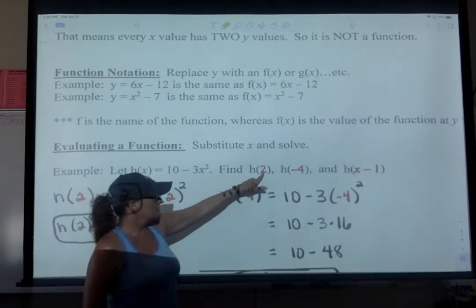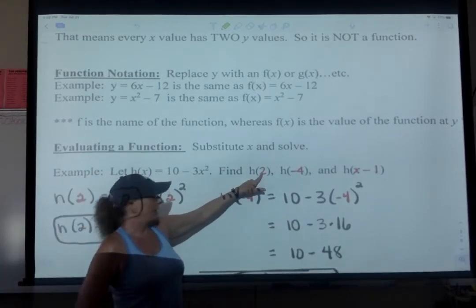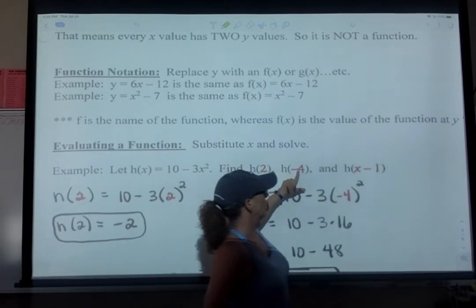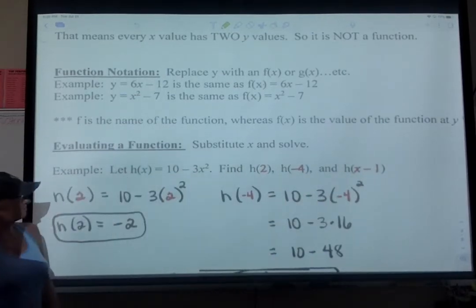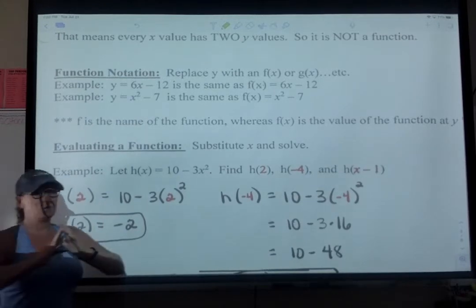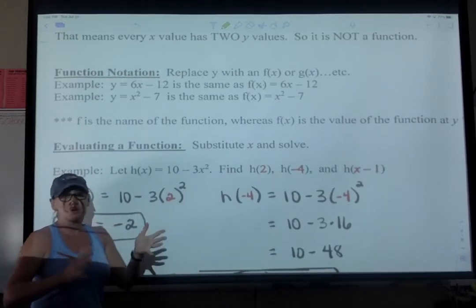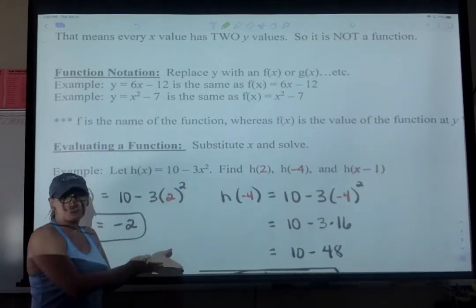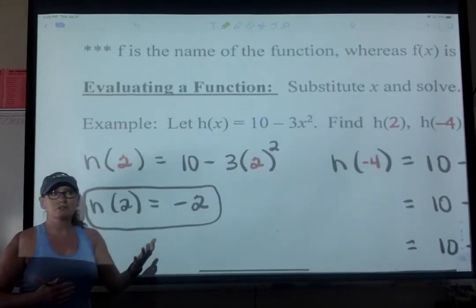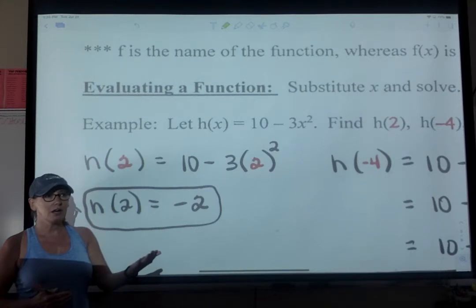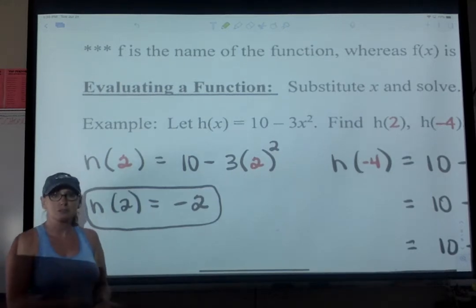We want to plug 2 into our function h. We want to plug in negative 4, and then we want to plug in x minus 1. I know that you should be super comfortable with substituting a number in for x. The important thing here is that I talk about how to show your work and how to express your answer.